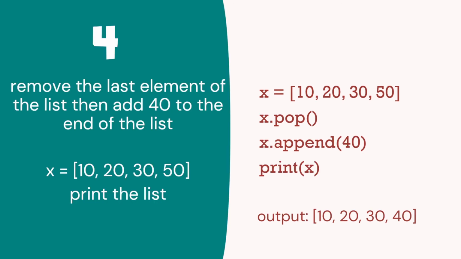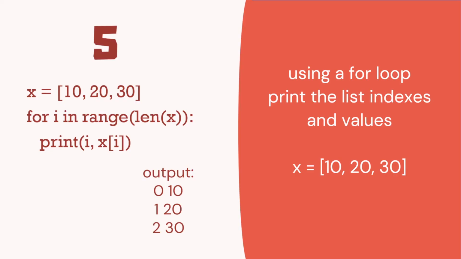Number 4, to remove the last element we use pop, and then to add the element we use append. So we end up with 10, 20, 30 and 40. Finally, we're going to print the index and the element. So we've got the for loop using range and length of x, print i, and x of i will give us the output. That's great.